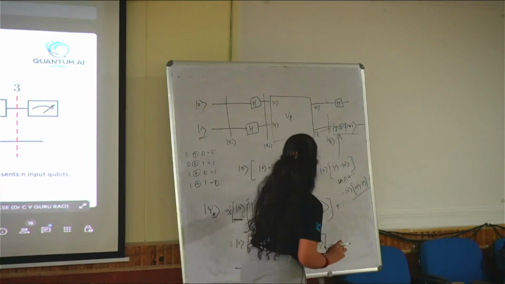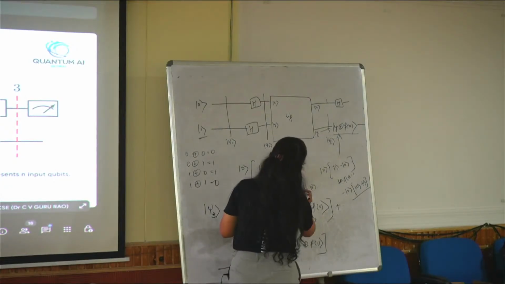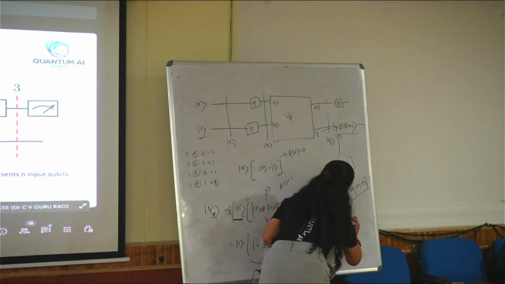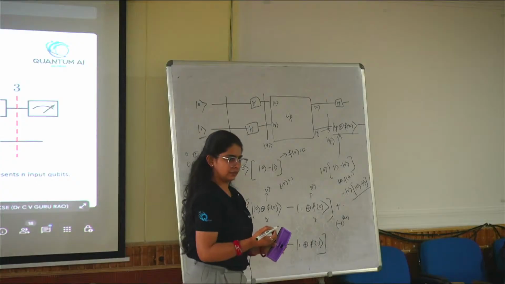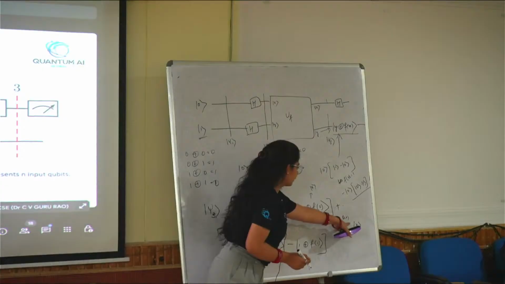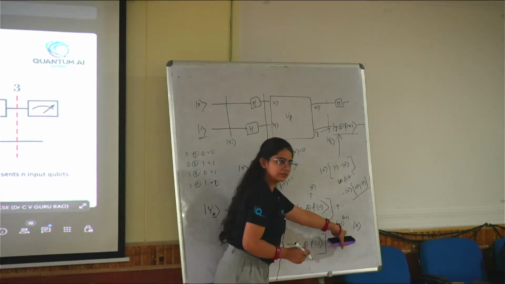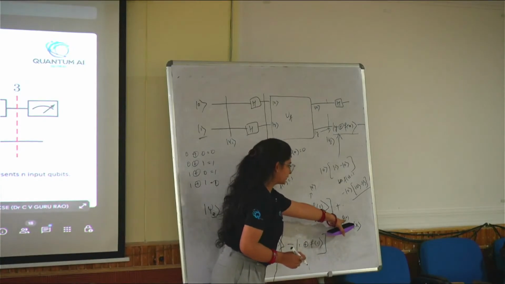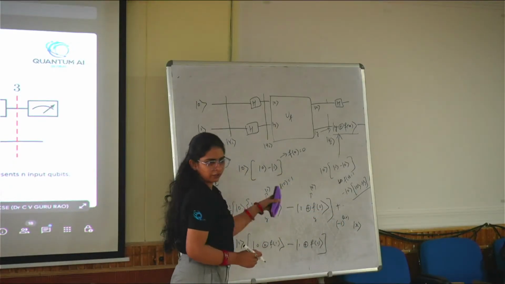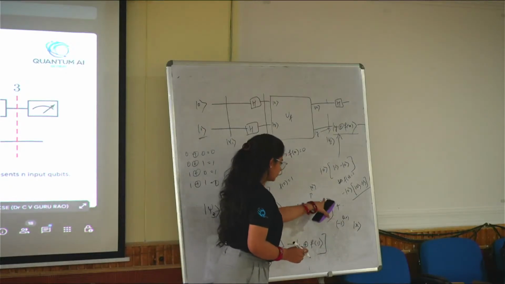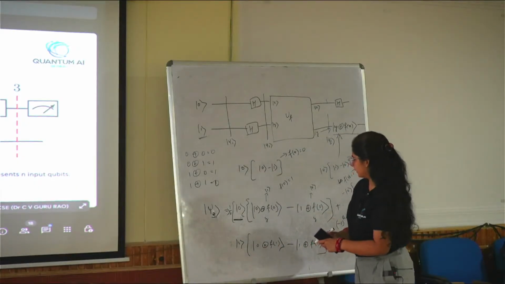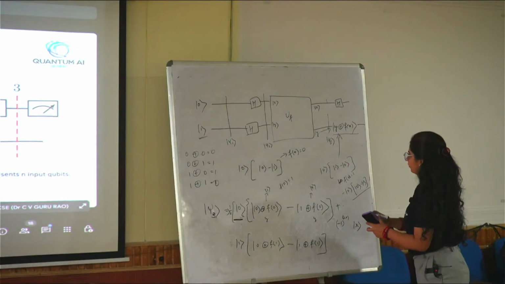Now what is happening is we understand that there is some minus sign coming up depending on whatever the value of f of x is, and x is coming here. If x is 0, that means this will be x as it is. If x is 1, that means a minus sign will come up here. So instead of writing this big equation, we can reduce it to this particular equation.